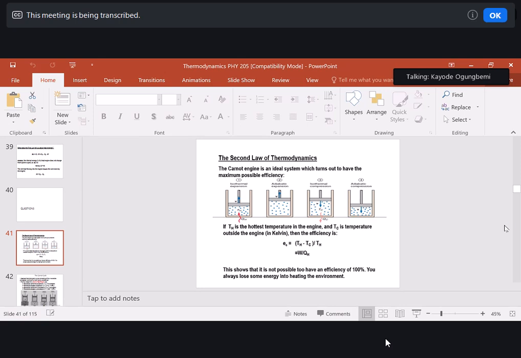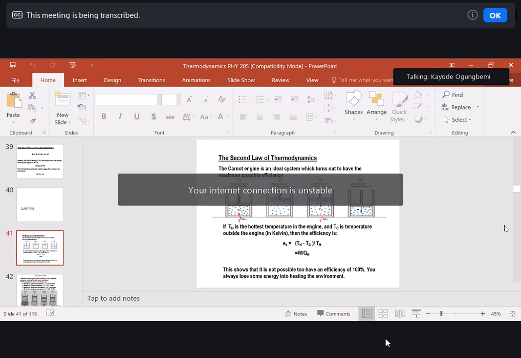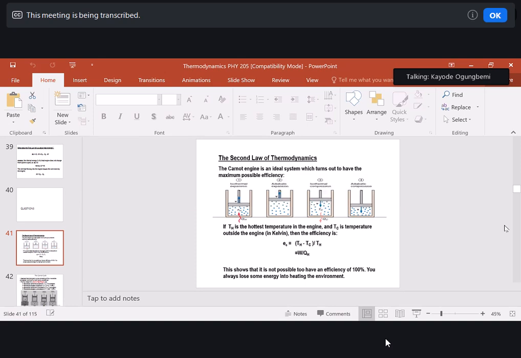You have to convert to Kelvin. Adebayo has already told us that we're going to add 273 to your Celsius to get Kelvin. So to be able to calculate the efficiency now, efficiency is work done over the work supplied. That will be W over QH.